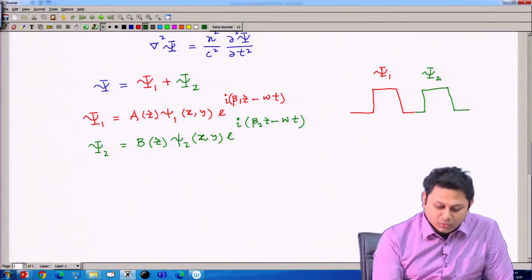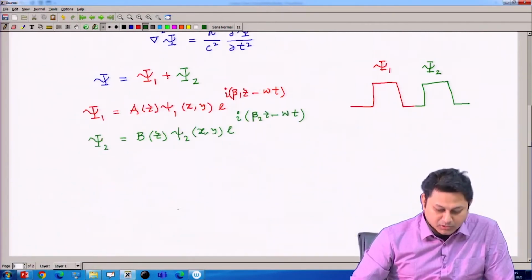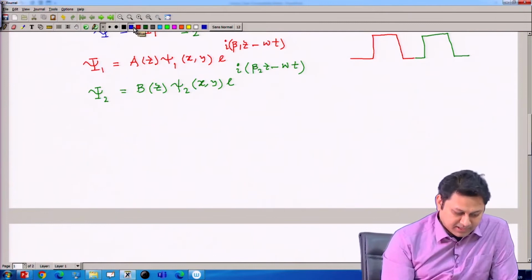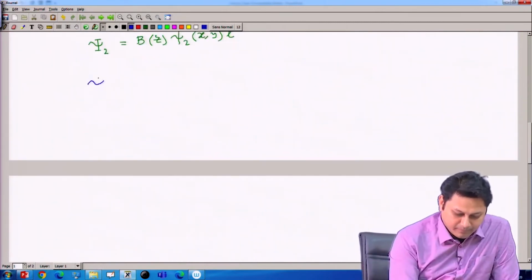So, the total mode is big psi, which is the addition of these two. The superposition of psi 1 and psi 2 will give us the total mode of this system, whatever the system is drawn here. So, my psi is A z.